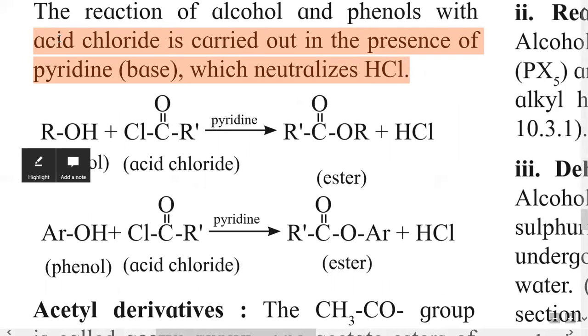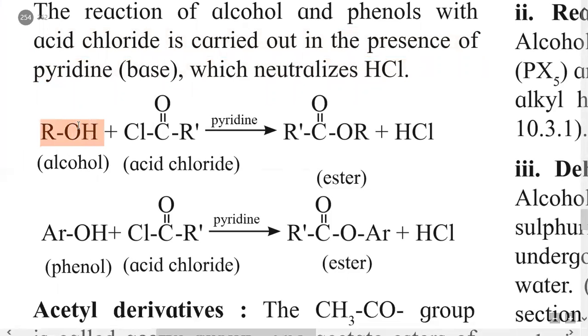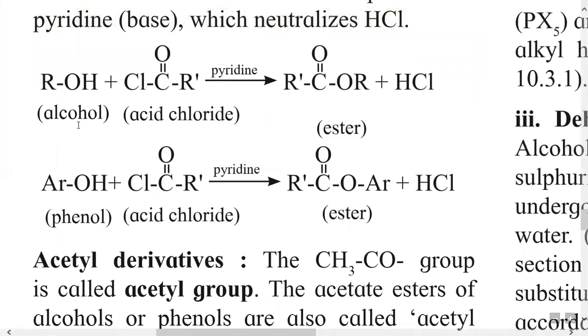In the reaction, ROH is the general formula for alcohol. When it reacts with acid chloride, that is R'-C=O-Cl, in the presence of pyridine, we get the product R'-C=O-OR plus HCl. Here ester formation takes place.